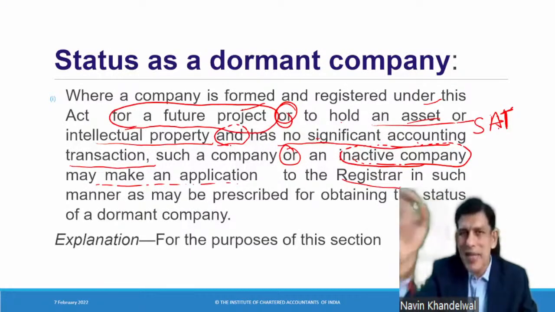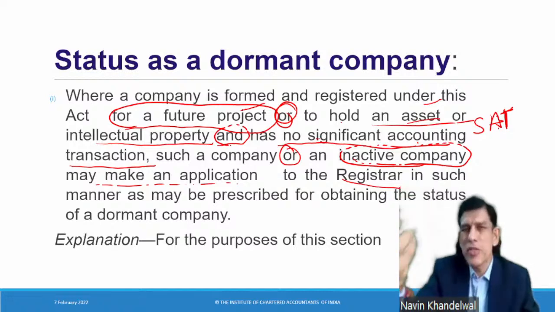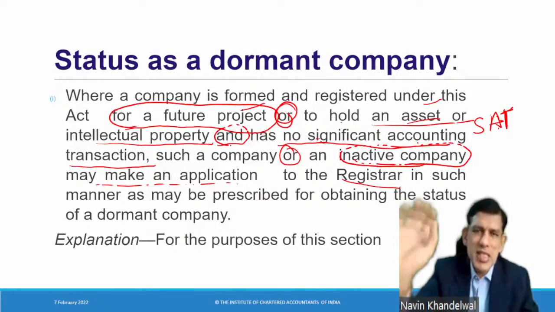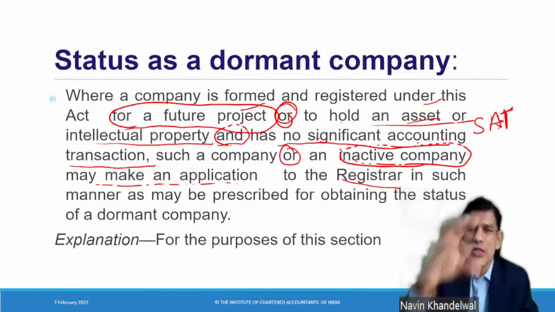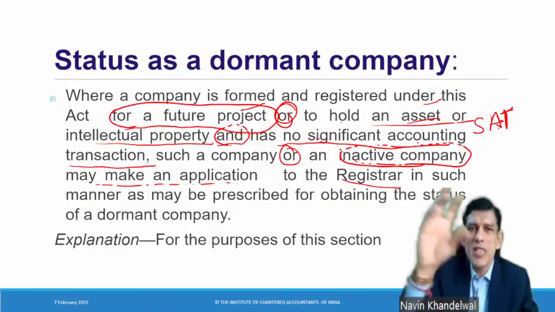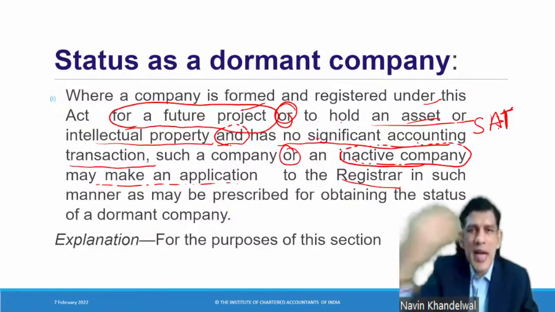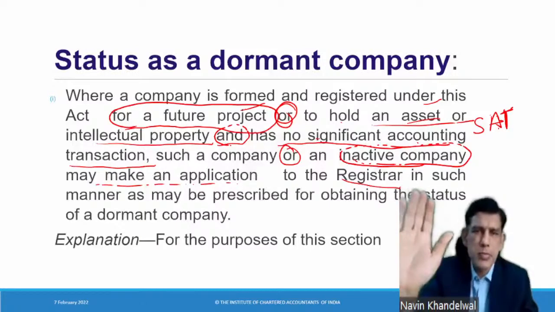So there are a lot of practical situations which may give the need to the management that why we need to comply with so many legal requirements. Let's classify ourselves as a dormant company for the time being, till we actually start doing business. And once we start planning, we will reactivate the company from dormant to normal status.